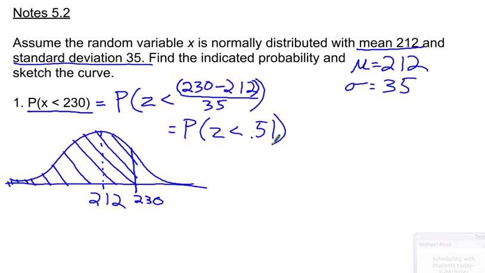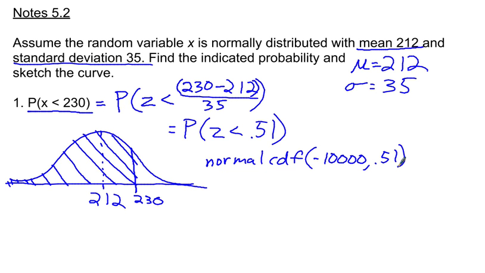Now we have a z-score, so we use the standard normal distribution. We can just do this with the table or with the calculator. So if I use the calculator, I would type in normalcdf. We're less than, so we want negative 10,000, comma 0.51. And this ends up giving us 0.6950 when we round to 4 decimal places. Right? And as expected, this is greater than 1/2.